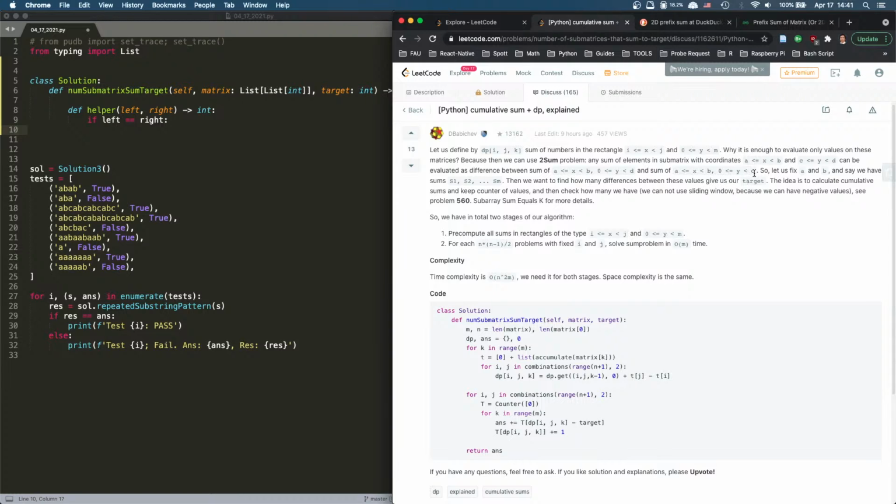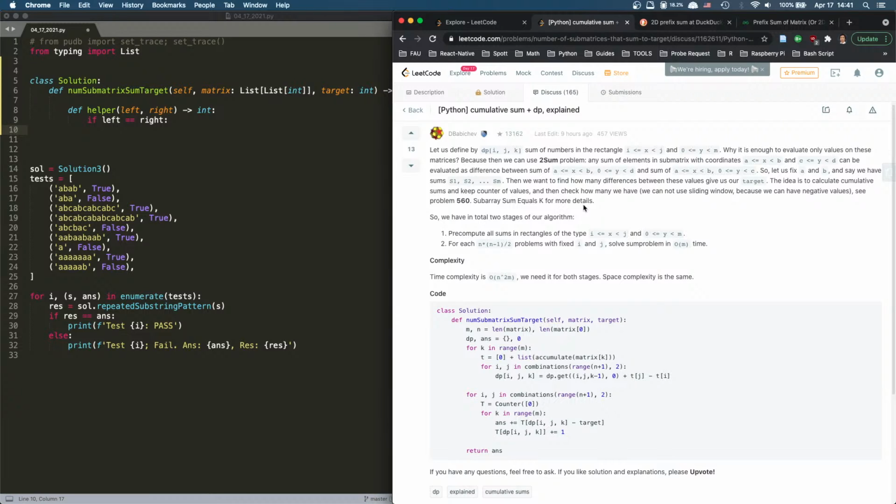So let's fix x, a, and b and say we have sums s1 to sm. And we want to find how many differences between these values give us our target. The idea is to calculate cumulative sums and keep count of values. How many we have? I can now use sliding windows.